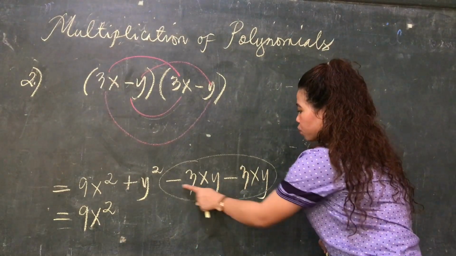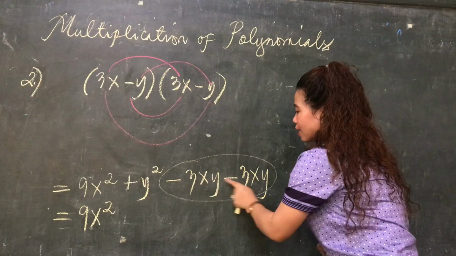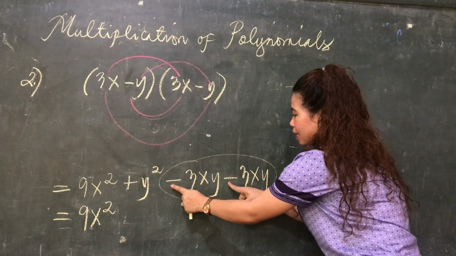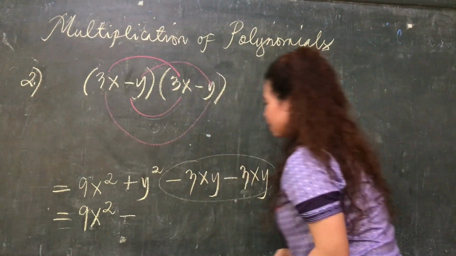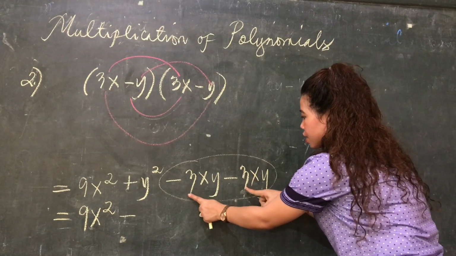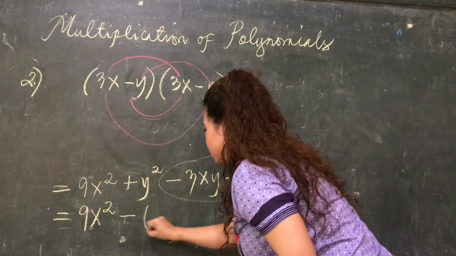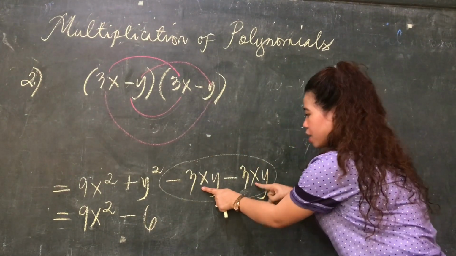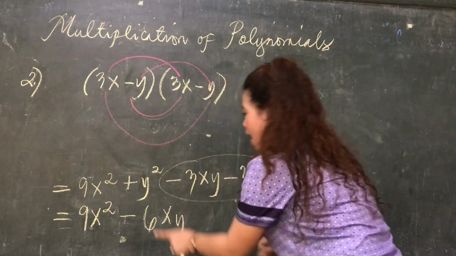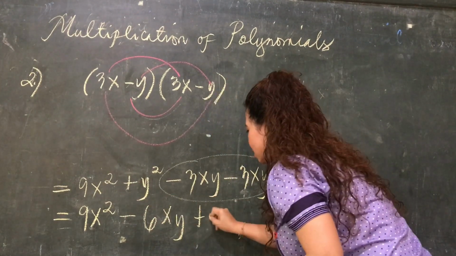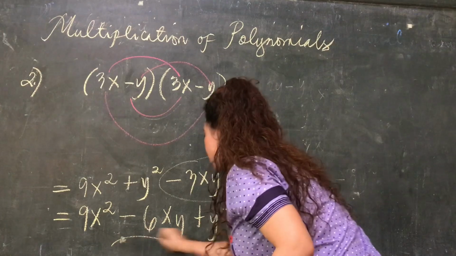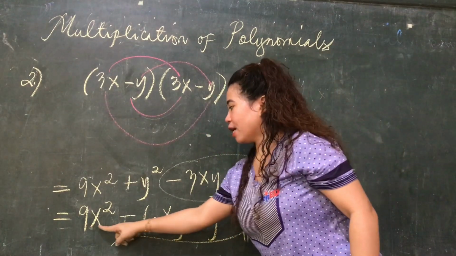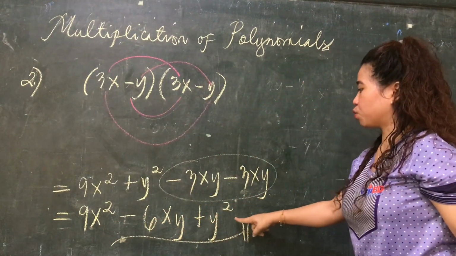Combine na nato, puros negative, mag-add ta ha, copy lang ang common sign which is negative, and then add the coefficients. 3 plus 3, you have 6, kopya si xy, ayaw biyain, plus y squared. So this is the answer. 9x squared minus 6xy plus y squared.